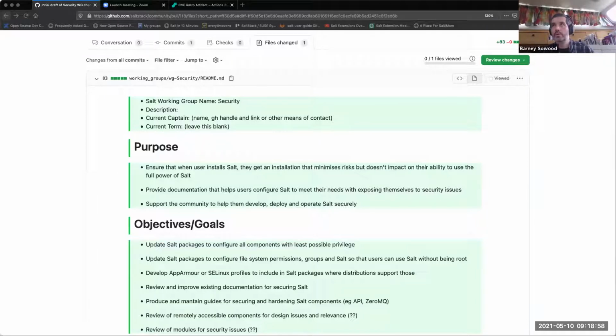I would have more time for that argument if the project in general was encouraging people to use the publisher or any of the authentication systems, whereas by default we just tell people to run sudo salt rather than encouraging people to set ACLs.